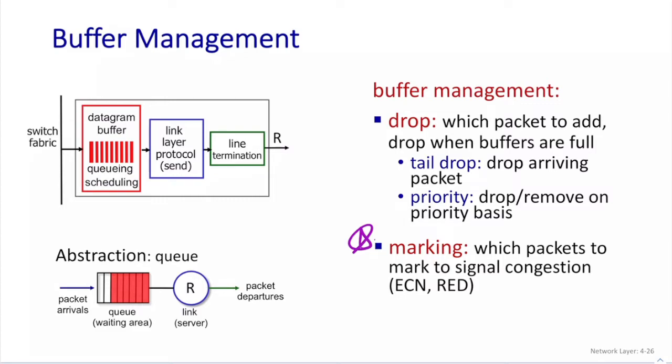For example, tail drop the arriving packet, because all those datagrams in the buffer have already waited there for a certain period of time, right? So if you are a newly arriving packet, we simply drop the arriving packet, because the others are already waiting. The other policy is, for example, a random policy.